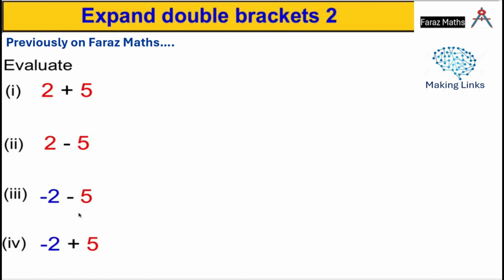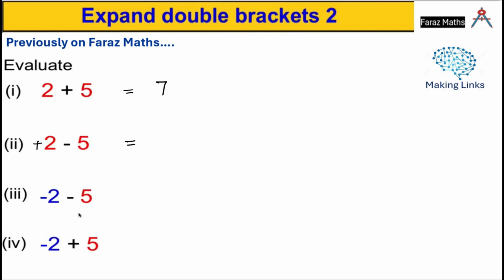Okay, the next one. So 2 plus 5, that is plus 2, and plus 5, that is plus 7. 2 minus 5, so one number is positive, other is negative. What we have to do here, we have to do subtraction. Whenever one number is positive, other is negative, we have to do subtraction. So subtract a small number from the bigger number.